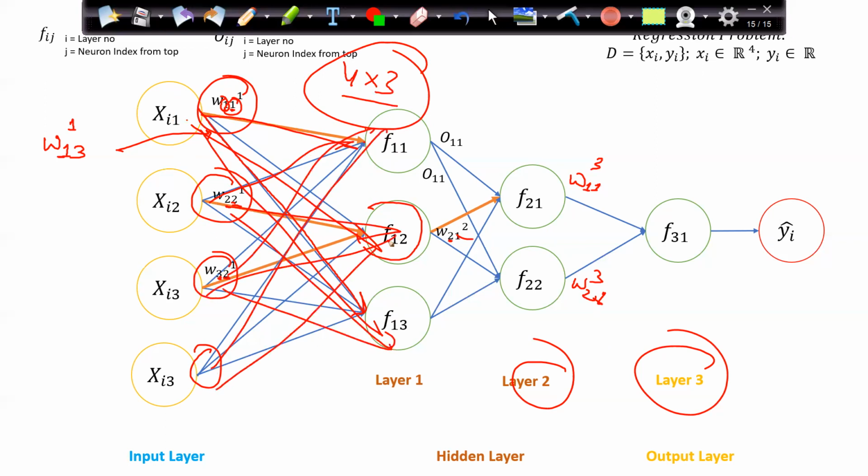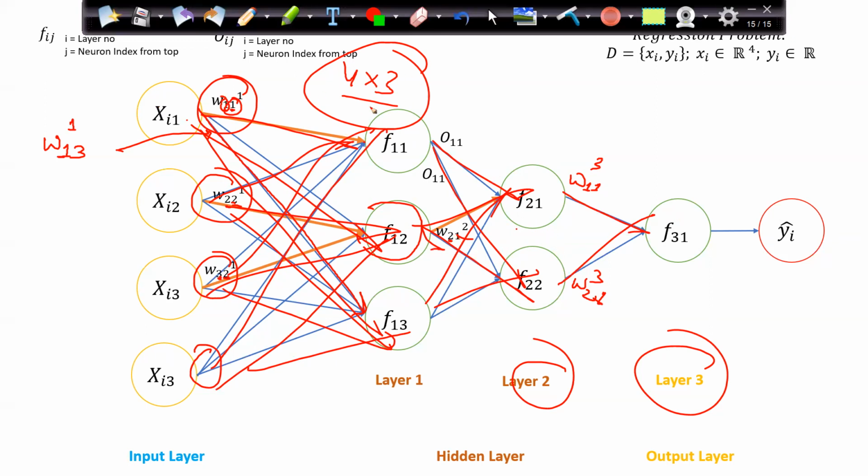And same way here, here and here. 12 weights are there from the input layer to the first layer. From my first layer to second layer, I have 3 into 2, 6 weights: 1, 2, 3, 4, 5, 6. And from layer 2 to layer 3, I have 1, 2. 2 weights are there.